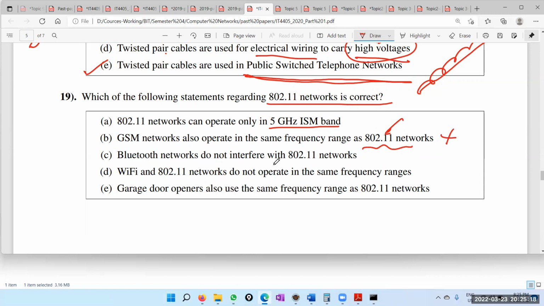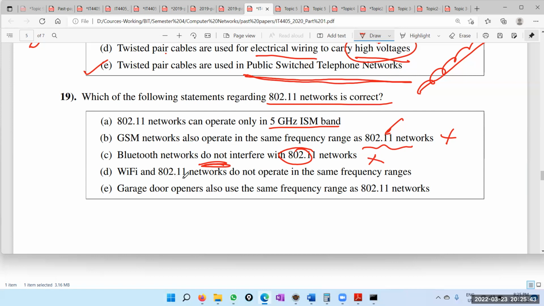Bluetooth networks do not interfere with 802.11. Now, Bluetooth is also used for local communication. So I think there's a possibility of interference, because I think they also share the same specification. They say do not, so therefore I will say no. There is a possibility of interference.